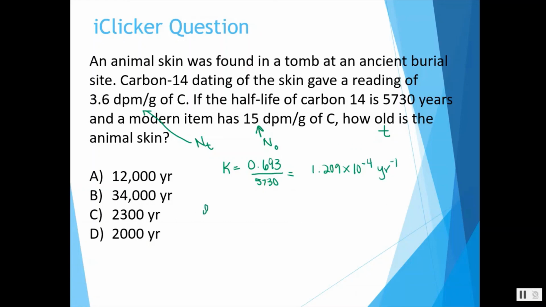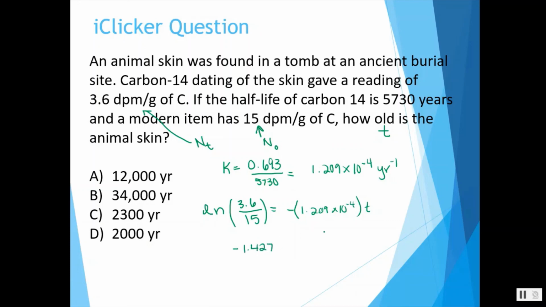And then the natural log of our N_T, 3.6, divided by our N naught, 15, will be equal to negative 1.209 times 10 to the minus fourth, our k, times T. So the natural log of 3.6 over 15 is equal to negative 1.427.